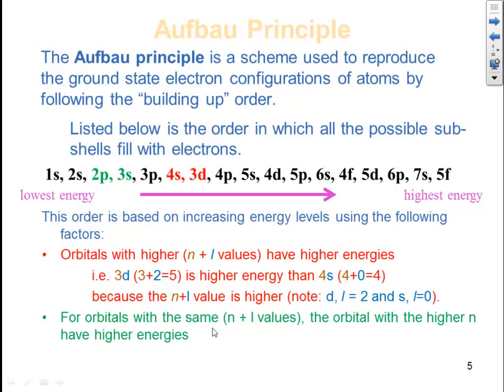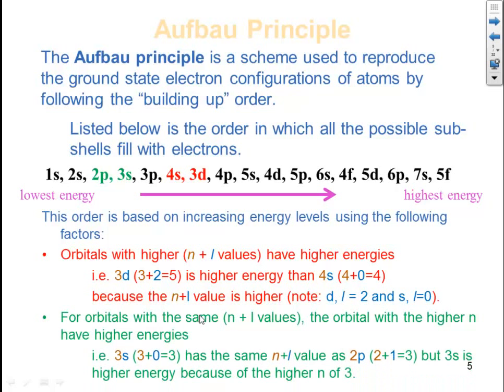For orbitals with the same n plus l values, the orbital with the higher n will have the higher energy. Example, a 3s. That's 3 for the n and 0 for the s. That's a 3. Has the same n plus l value as 2p. That's 2 for the n and 1 for p, giving it a 3. So both have 3.